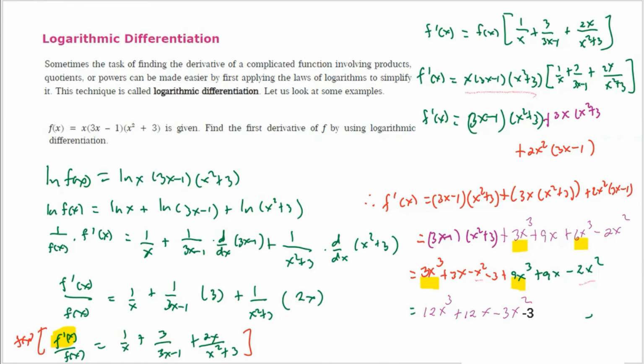So that will be now our final answer for f prime of x. But actually, class, I will accept your answer up to this point, so that we will not be dealing too long in simplifying the algebra.